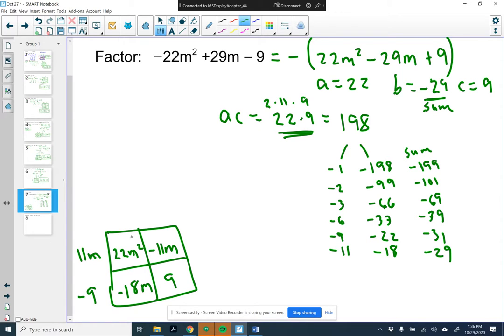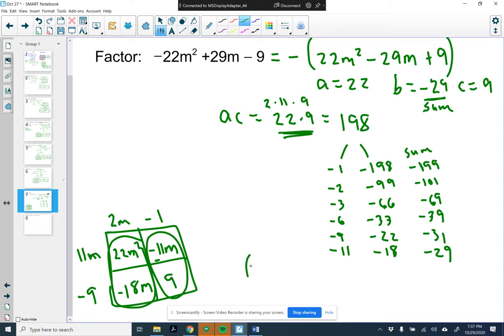First column, so I'm looking at these guys right here. First column, we have a greatest common factor of, let's see, 2 goes into 22 and it goes into 18, yep. And we have an m. Last column right here, greatest common factor is 1. 11 and 9 have a common factor of 1, but there's a negative there because this is a -11m.